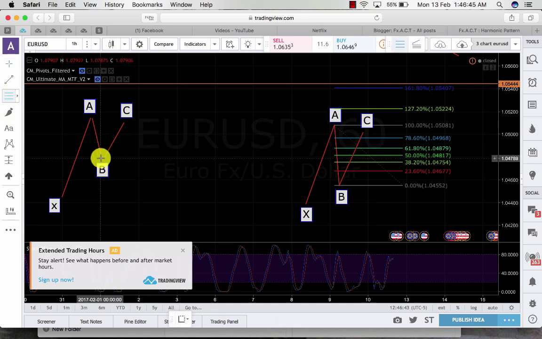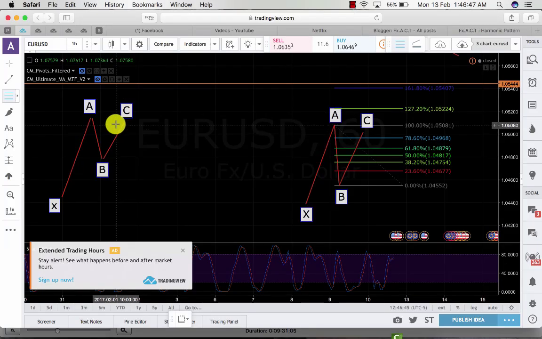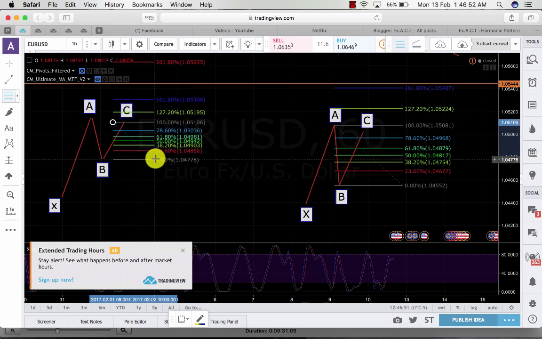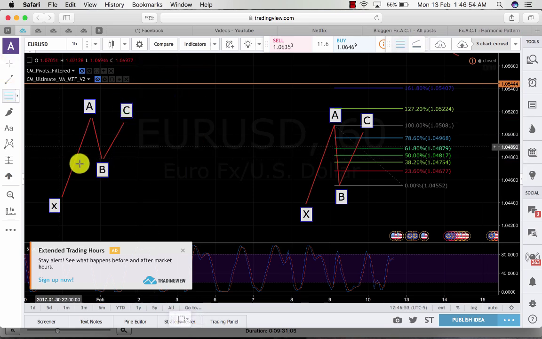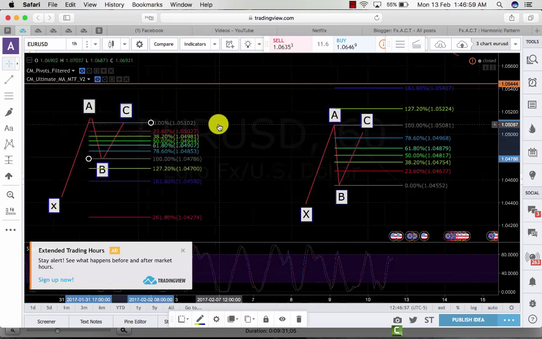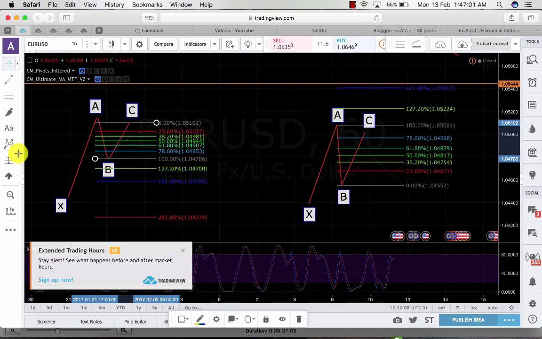Now we will measure B and C, that's it. The ABCD pattern will be the 127 or the 161.80% of BC. That's the ABCD pattern.